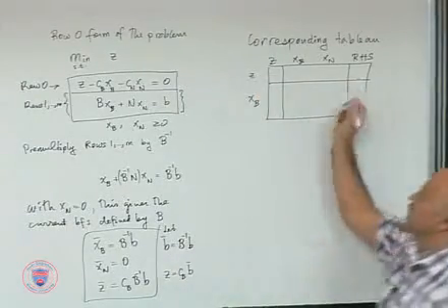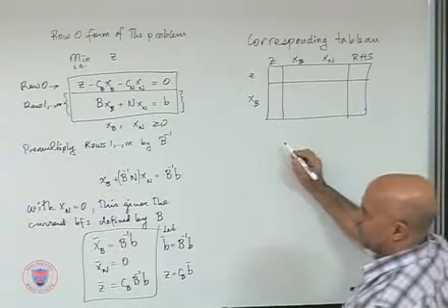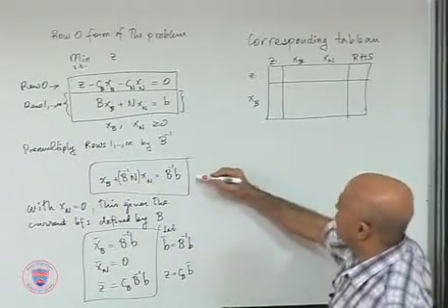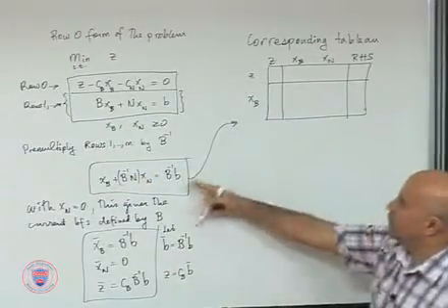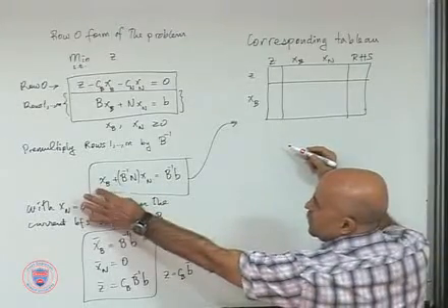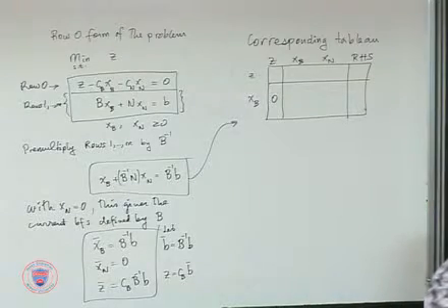Z is the basic variable associated with row 0. So when you pre-multiply, this is what you get. And that tells you what the equations look like here. Z does not show up here, so you have a big vector of zeros here for Z.